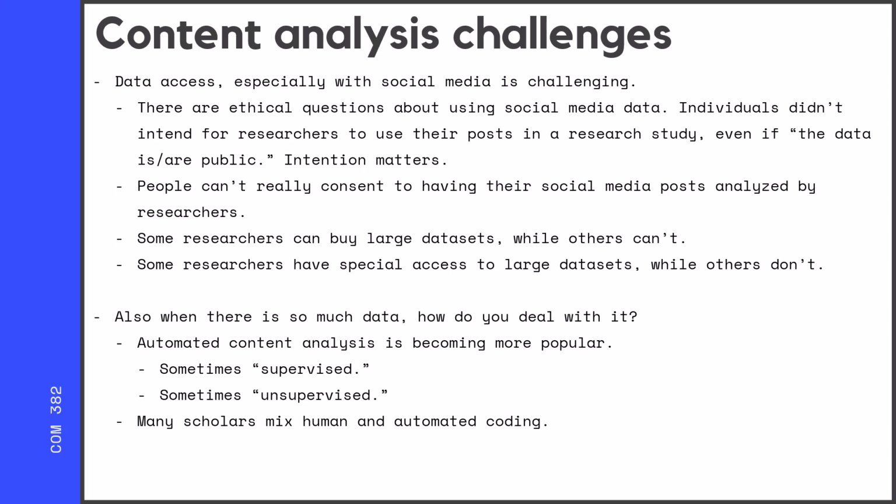Unsupervised automated content analysis doesn't rely on existing training data. Instead, it uses computational methods like clustering or latent semantic analysis to identify patterns or themes in the data without any prior knowledge. This is often used in new data sets or exploratory research where they're trying to find patterns that wouldn't be seen before.